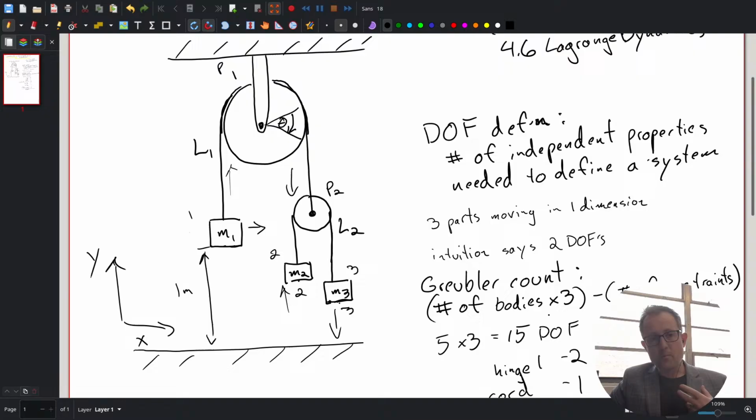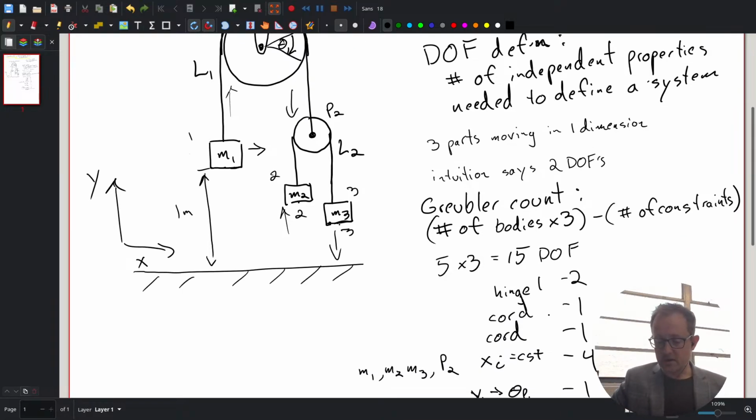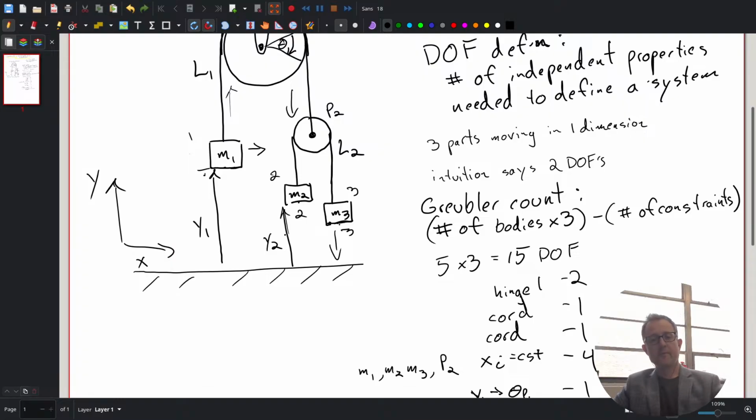When we figure out how many degrees of freedom we have, then the next step is defining what our generalized coordinates are. So in this case, I could call it y1 and y2. If I know y1 and y2, I can figure out what y3 is. And if I know the velocity of y1 and y2, then I know what the velocity of y3 is.